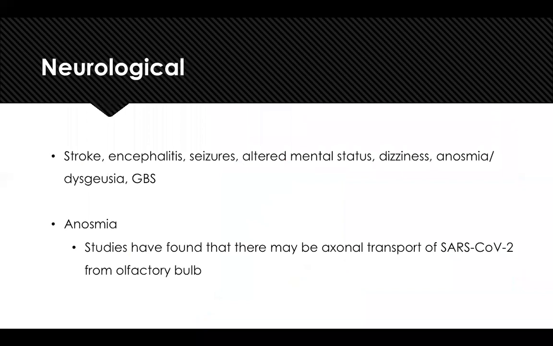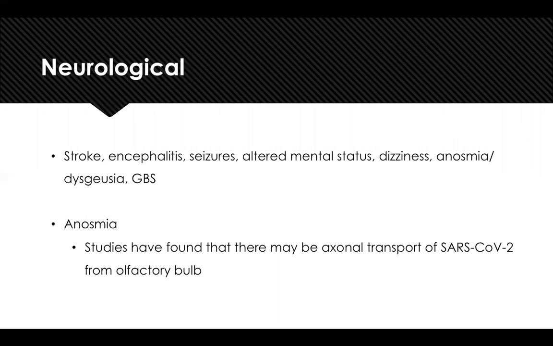And then neurological. I mentioned that there are receptors everywhere and that it shows neurotropism, which is that it has a predilection for going to the brain and to the nervous tissue. And so because of its neurotropism, it can result in stroke.